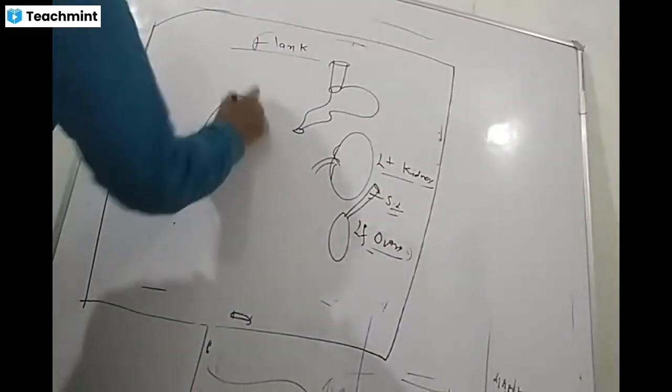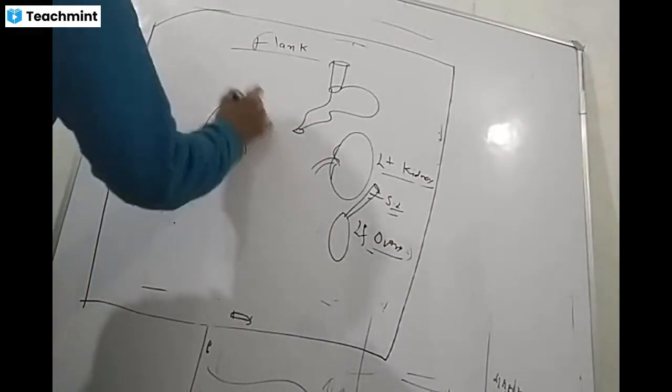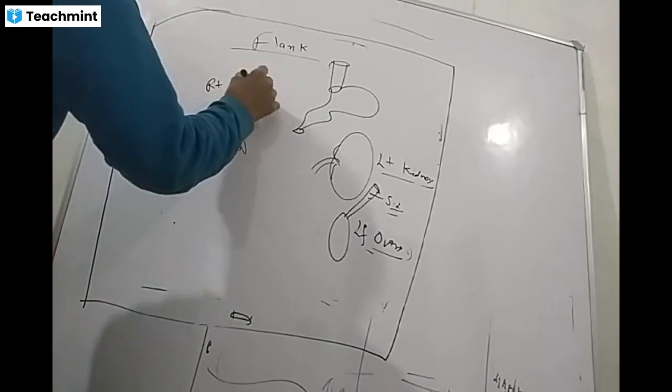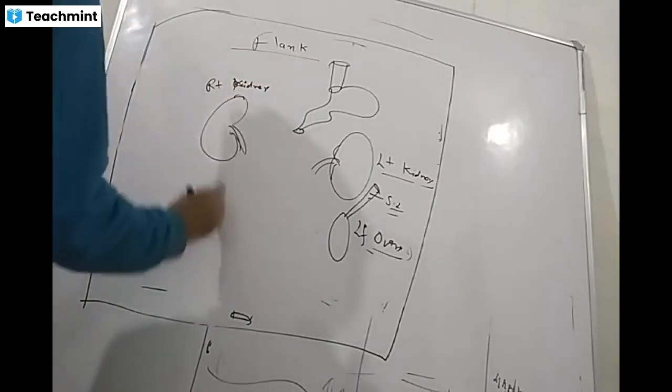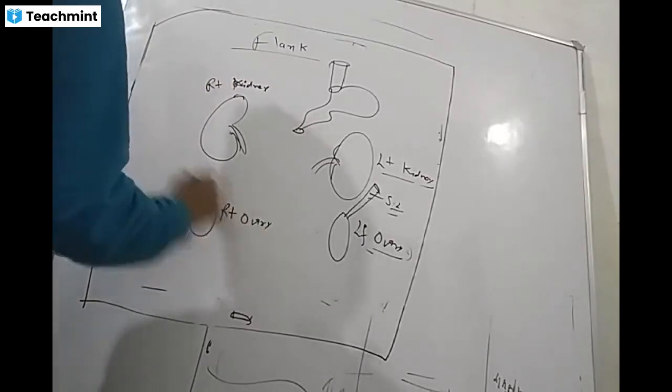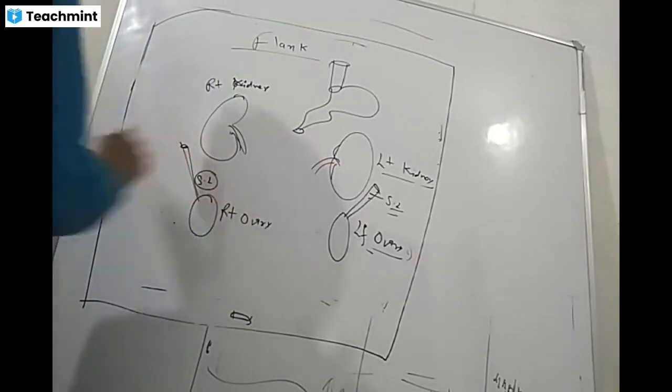Similarly, on this side we have the right kidney, and here is the right ovary with this suspensory ligament.